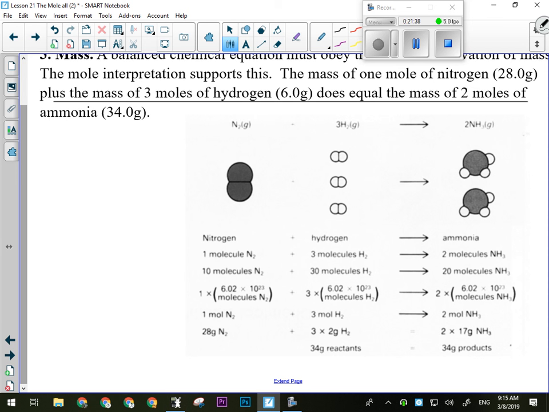If I had 1 mole of nitrogen, I would have 28 grams of it. If I had 3 moles of hydrogen gas, I would have 6 grams there, for a total of 34 grams of reactants, which means I'd have 34 grams of products. So it can work that way as well.